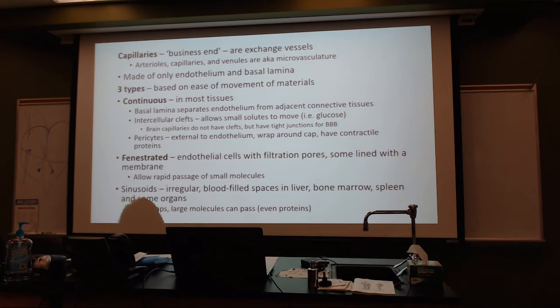What types of materials do I need to get to the cells of my body? Oxygen, nutrients, glucose, electrolytes. What do I need to get rid of? CO2. What kind of waste?